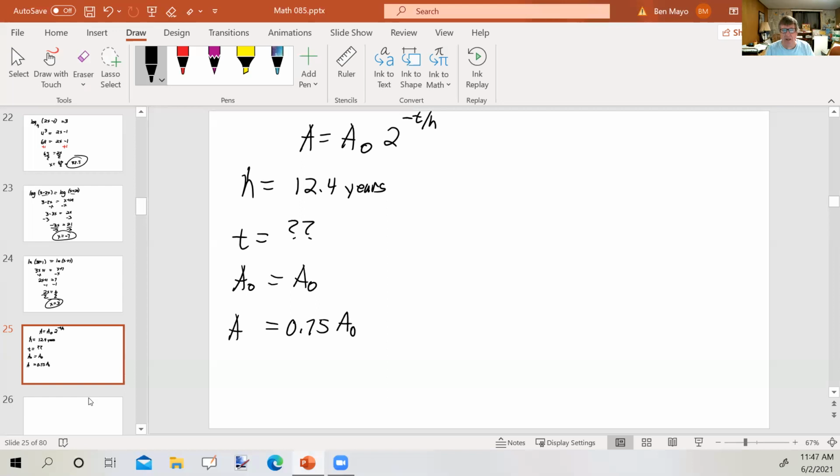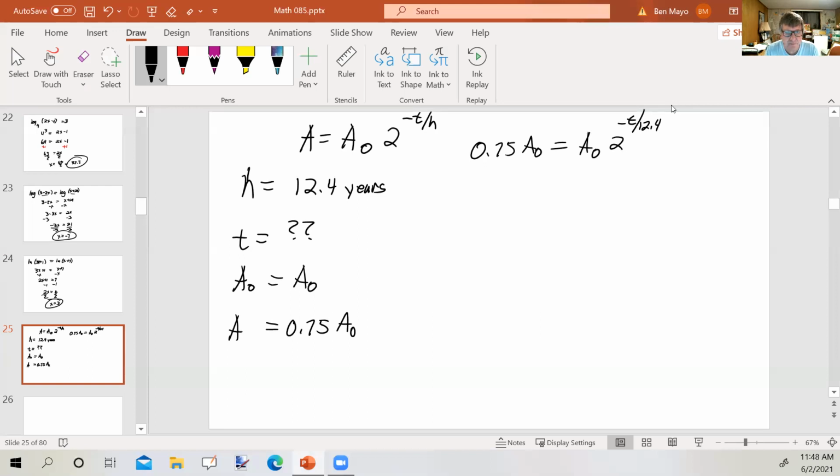So the ending amount is 75% of the starting amount. All right. Now, again, we don't know the beginning amount or the ending amount, but as you'll see, we don't need to, as long as we know the relationship between them. So plugging these quantities into the formula, for A, we're going to put 0.75 a sub 0 on the left side. On the right side, we'll have a sub 0 times 2 to the negative t over 12.4 years.